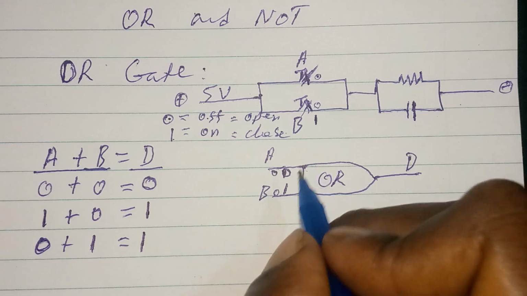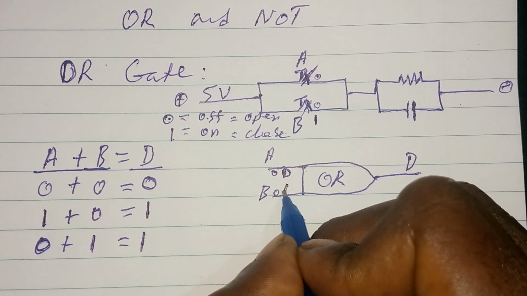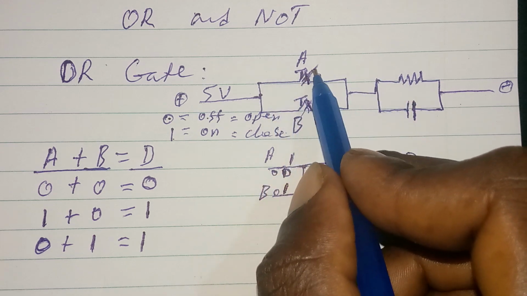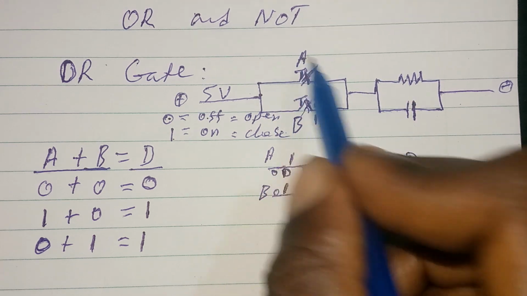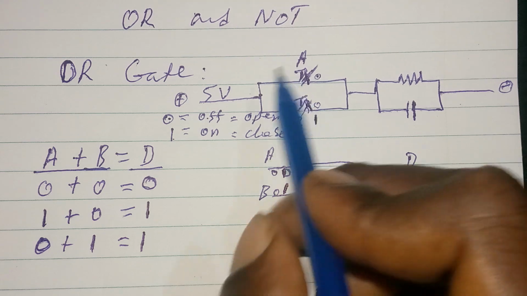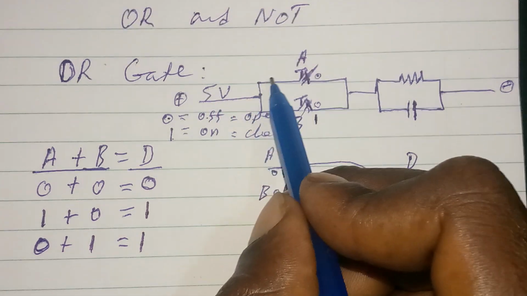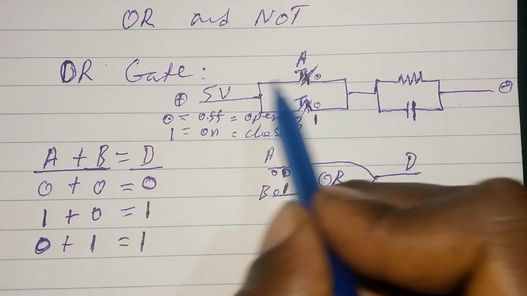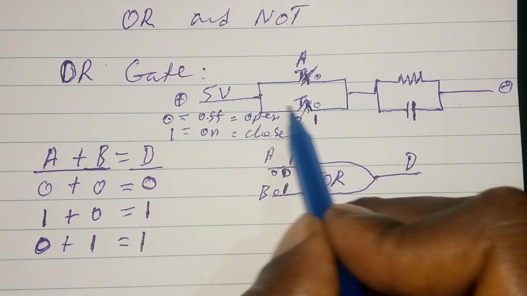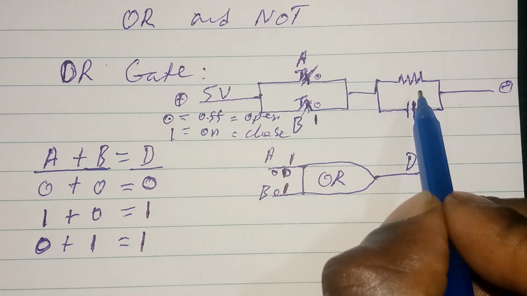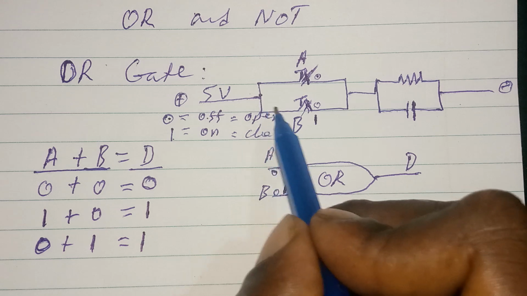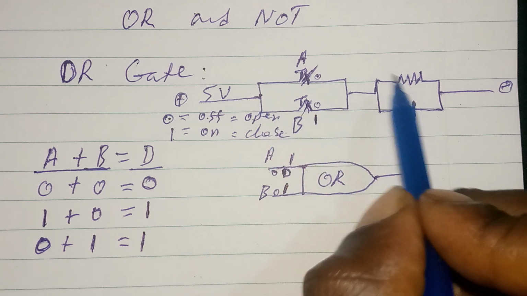And also, if we close switch B and then we close switch A, if we close both switches, the 5 volts will still pass switch A to power the circuit and it will still pass switch B to power the circuit. So even though both of them are closed, the circuit is going to be switched on.